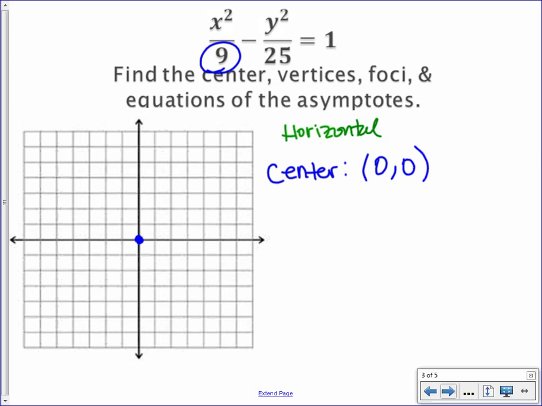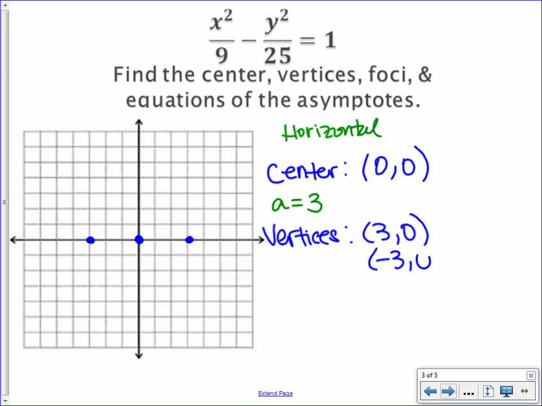Since 9 is underneath x squared, that means a squared is 9, and a is 3. So we're going to plot points 3 away horizontally from our center, and then identify them. So our vertices are (3, 0) and (-3, 0).